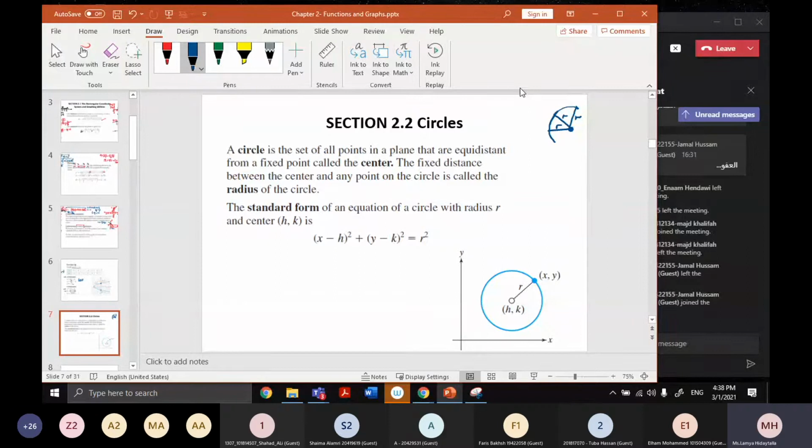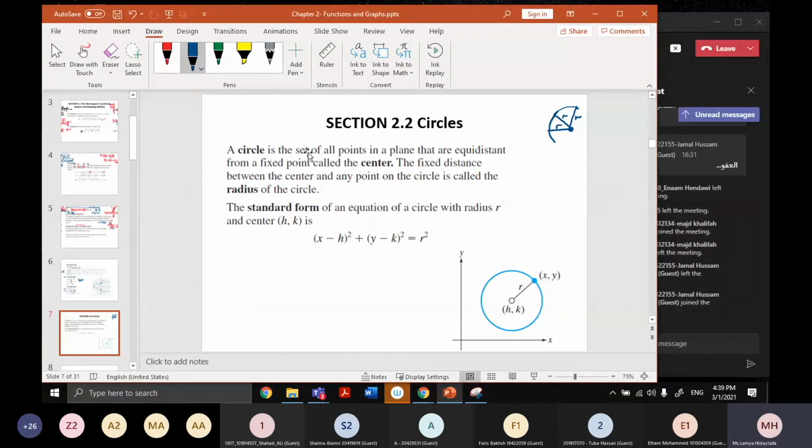So we can define it as a point that moves. If we have a fixed point, our circle is the point that moves such that always the distance between this point and the center is a constant distance, and this constant distance we call the radius of the circle.